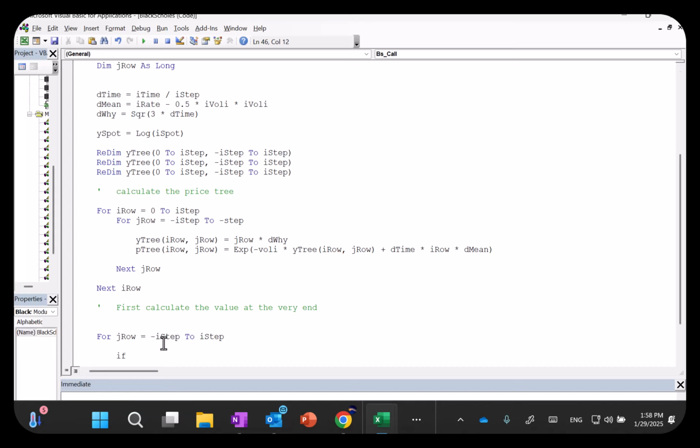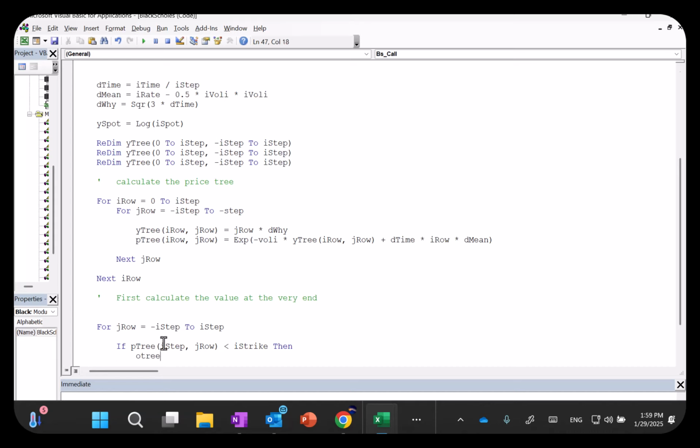So if P3 I step J row is less than I strike, so price at that node is less than the strike price. What's the value of the option? Nada, right? Then O3 I step J row equals 0.